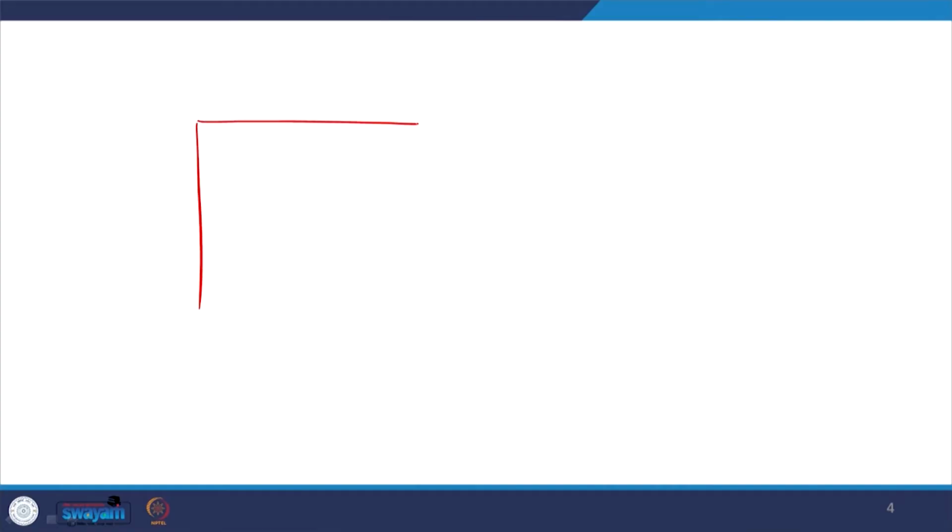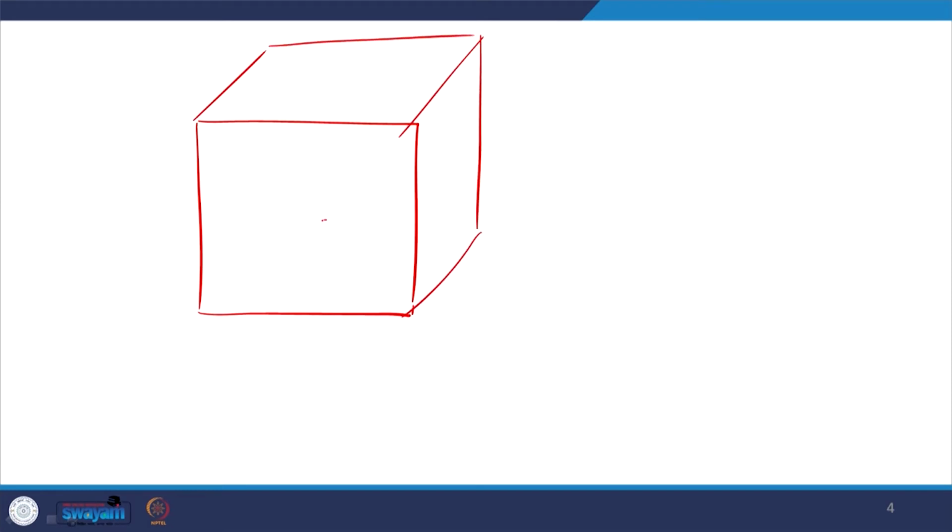So let's say this is the Monte Carlo scheme that I am using. In that case, let's see what the densities should look like. Let's say I start with this system and I have moved this particle from here to there.